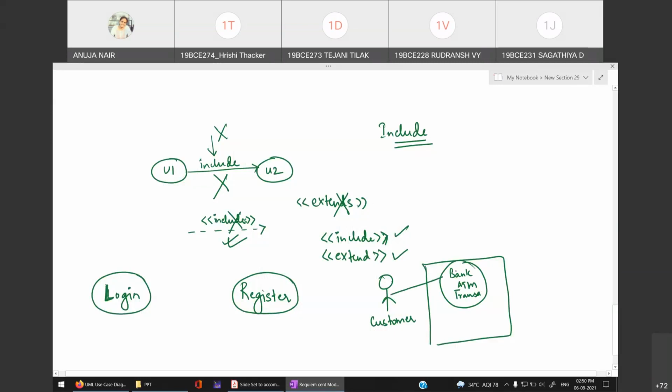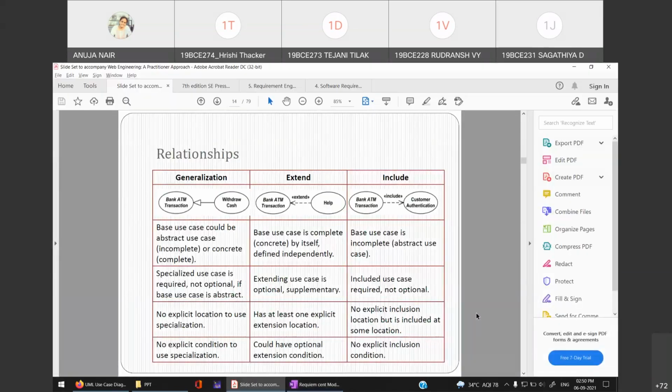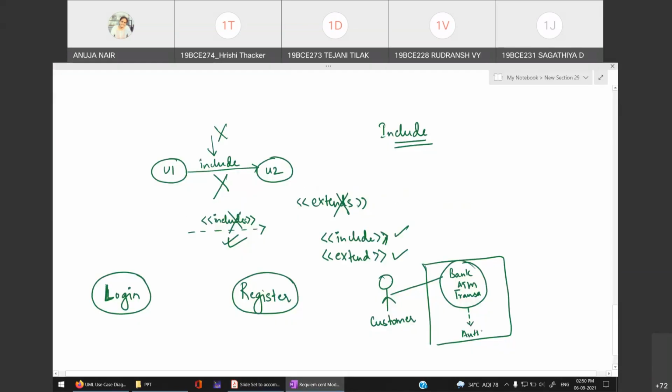Now, if I put an include relationship with authentication, what does that mean? How will you read this diagram? This diagram is read in a way that a customer can do the bank ATM transaction only if the authentication is done.